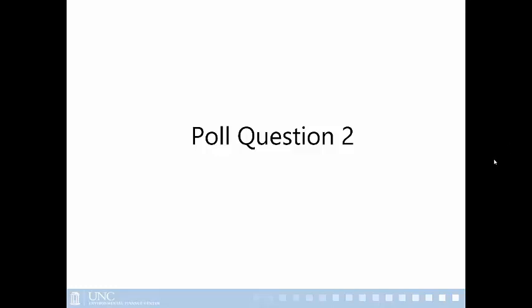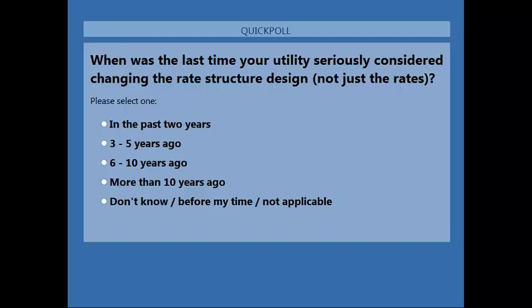Second question to ask you in the audience. Now that we're talking about rate structures, I want to know before we even get started, when was the last time that your utility seriously considered changing the rate structure design? Not the rates. You might have raised your rates the past 10 years. Doesn't matter. I'm asking you about the rate structure design itself.